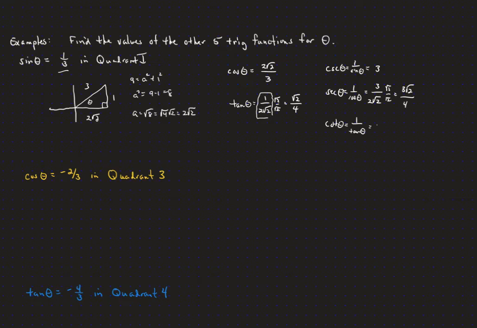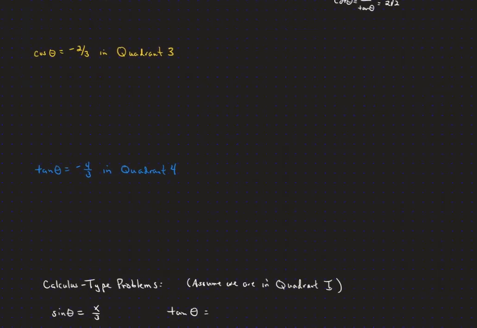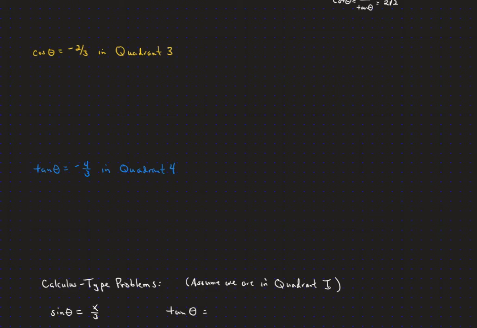So its reciprocal will be 2 square root of 2 over 1, or just 2 square root of 2. Okay? Let's see how that looks when we move into other quadrants. So now we're going to look at quadrant 3. So we're going to draw our reference triangle in quadrant 3.